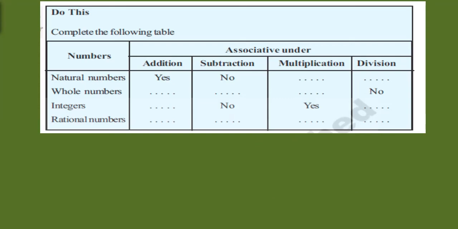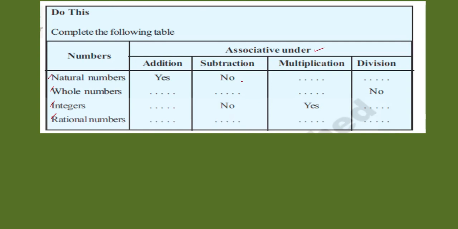Now we move to the small exercise. Complete the following table on natural numbers, whole numbers, integers, and rational numbers. Already some of the columns are filled. You may observe it. Associative property: to check it in natural numbers, under addition it is satisfied, yes.